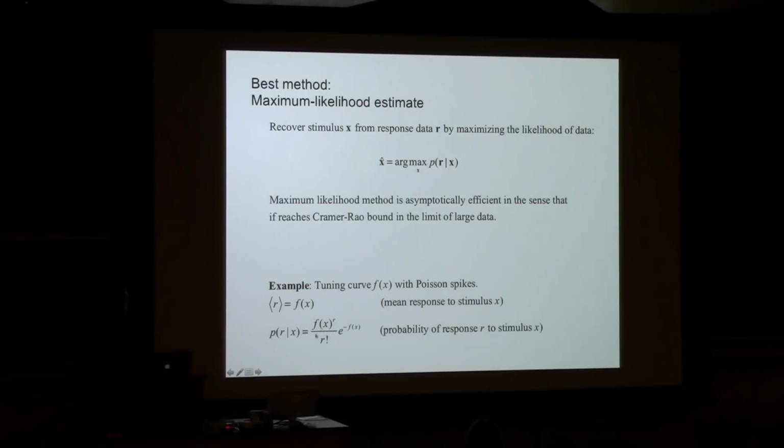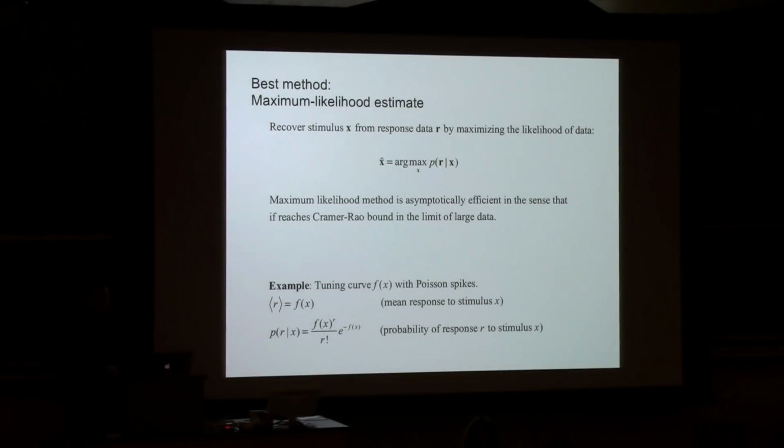So in this case, it is a Poisson distribution with the mean f(x). This mean, of course, depends on the stimulus x. That's the tuning curve. With Poisson noise, the variance is equal to the mean. So for the bigger response part of the tuning curve, your error bar is actually bigger.